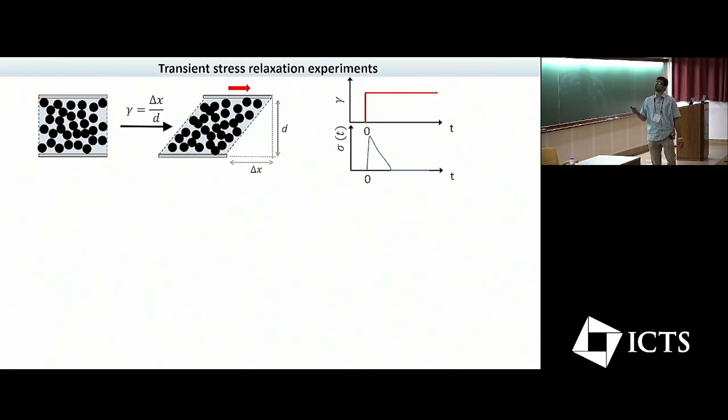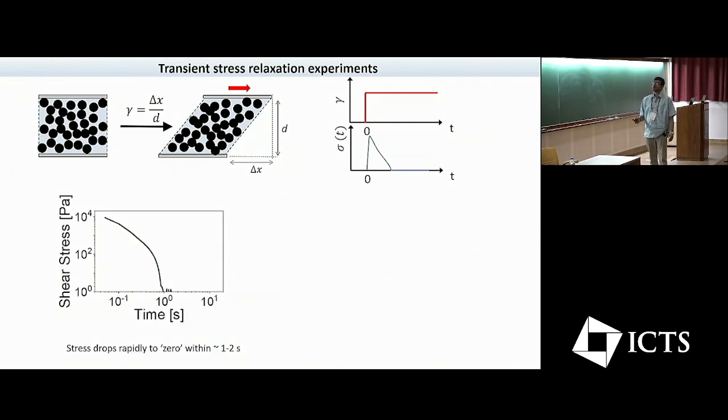As I told you, the stress reaches a very high peak as the material solidifies, and then fairly quickly it relaxes. This is actual experimental data. The increasing part is not shown, as it is very rapid. Within typically 1 or 2 seconds it reaches zero, which involves 4 orders of magnitude relaxation of stress.